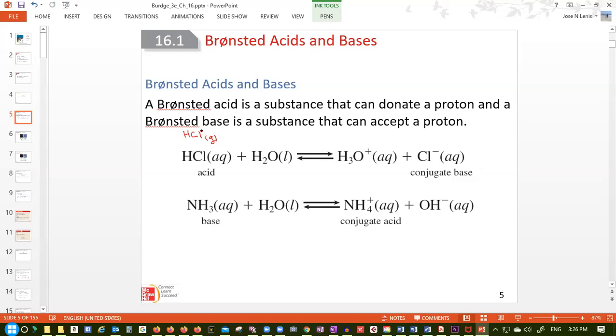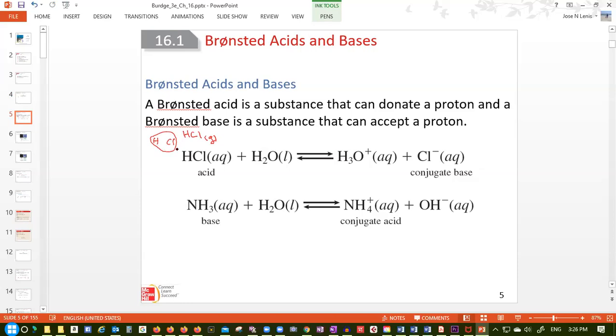It's a neutral molecule that has one proton here. Also, we know this is a polar molecule. Hydrogen is in one corner of that molecule, and chlorine is a huge atom compared to the relative size of hydrogen.